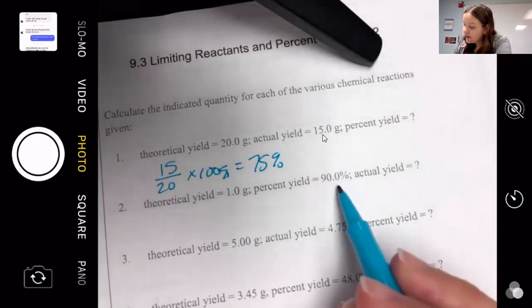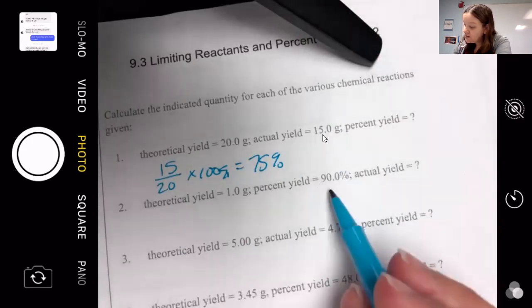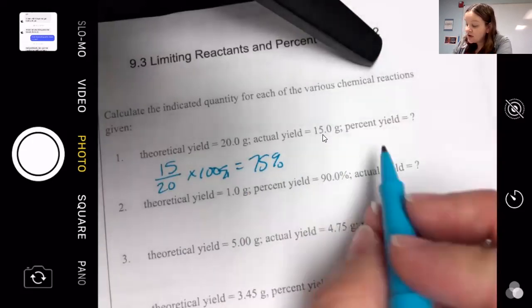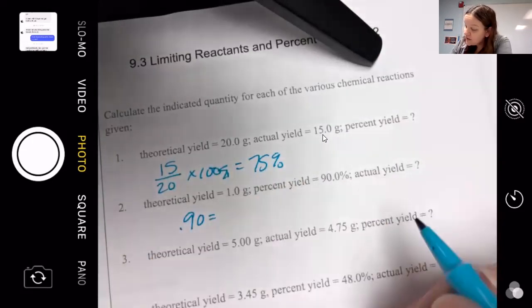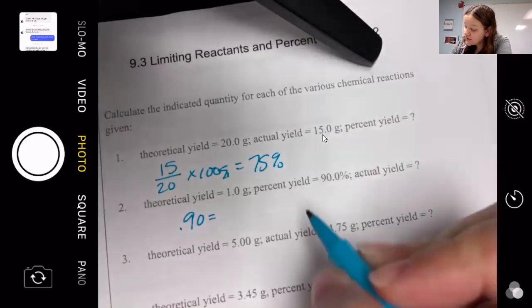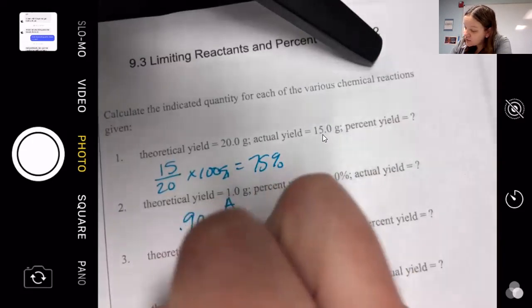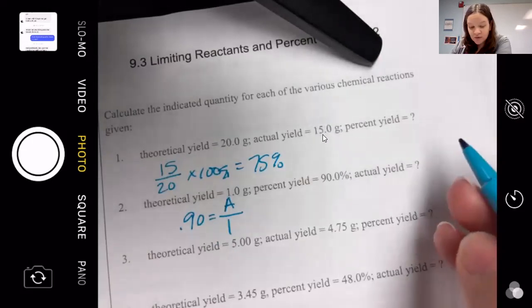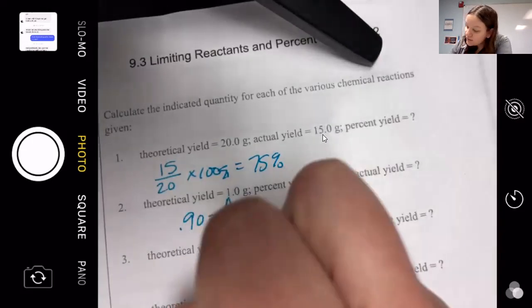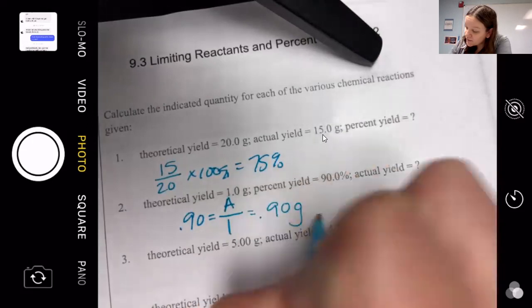Here we're finding the actual yield. So I have my percentage yield. I'm going to go ahead and just put it into a decimal because I know that's the first step I'm going to do. Instead of 90%, I'm going to express it as a decimal, 0.90 is equal to my actual yield over 1. So for this one, I should get 0.90 grams.